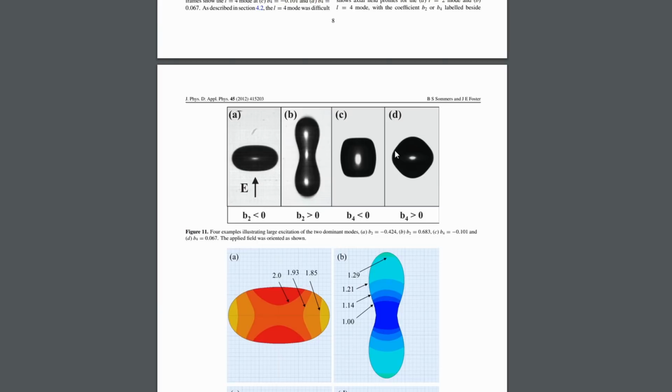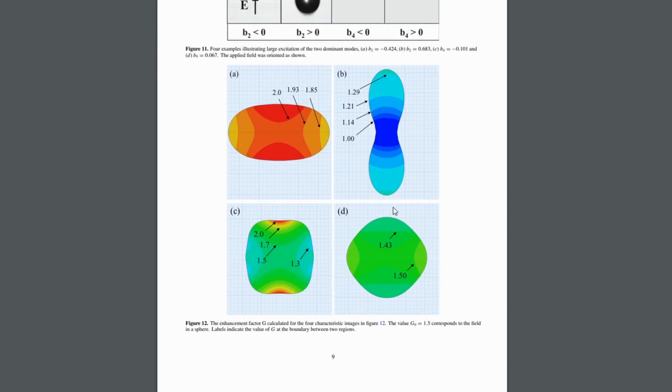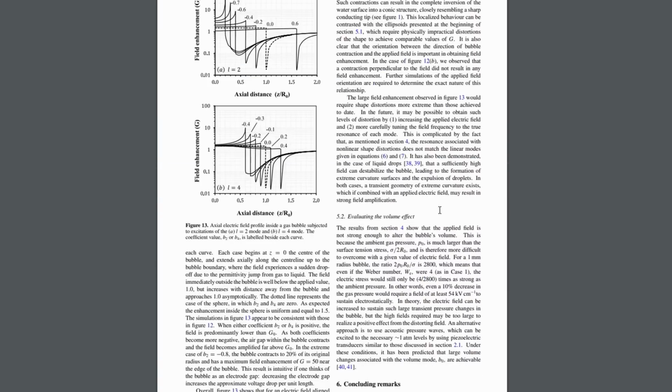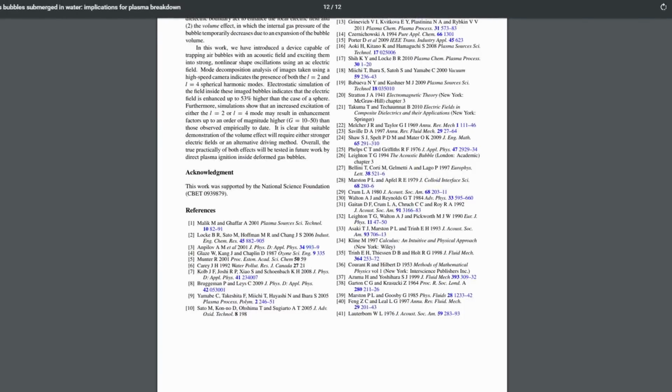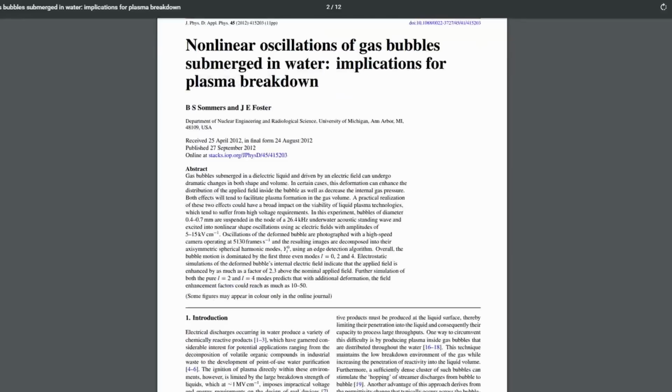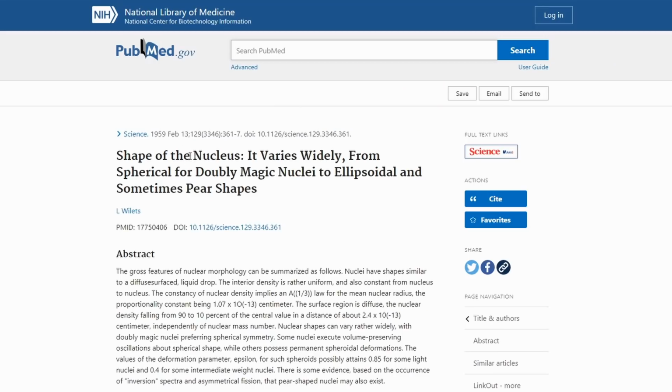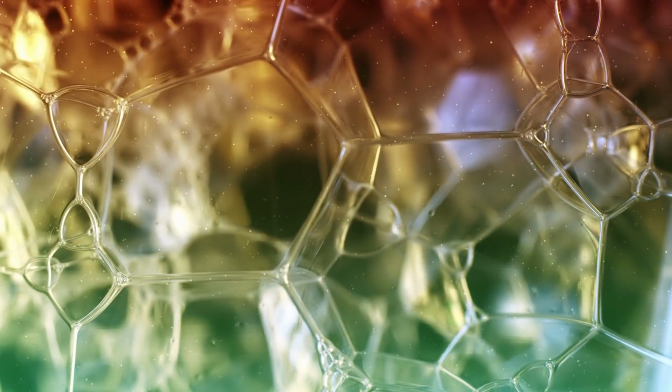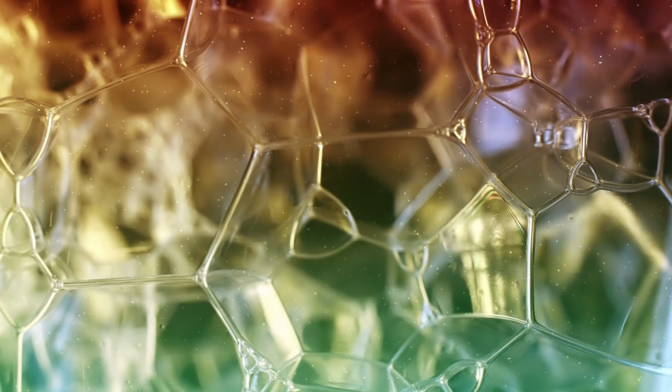Weirdly square and sort of diamond structures. And again, there are images that we've looked at, in terms of gas flow and things that have these angular edges that are harder to explain. And yet here we see them in just gas bubbles. Oh, the nucleus. Yes. There are many different ways to go with this, I think.